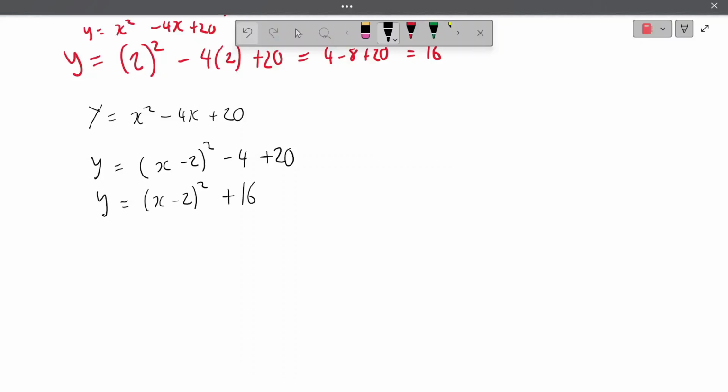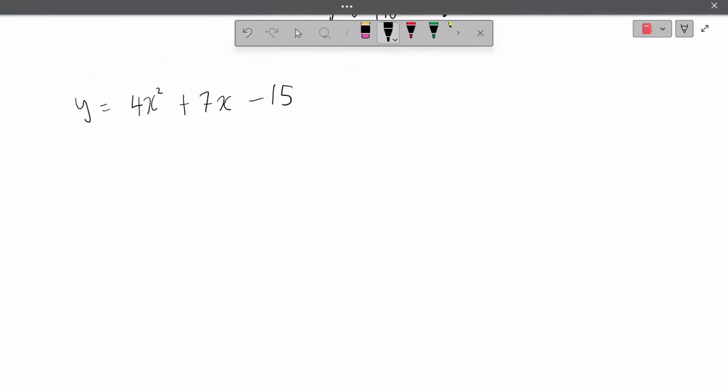Then the minimum is when x minus 2 equals 0, and therefore x equals 2, and y equals 0 squared plus 16, so y equals 16. So again, we get the same answer, 2 different methods. And you could do differentiation once you've learnt it, which will be coming up in chapter 12.